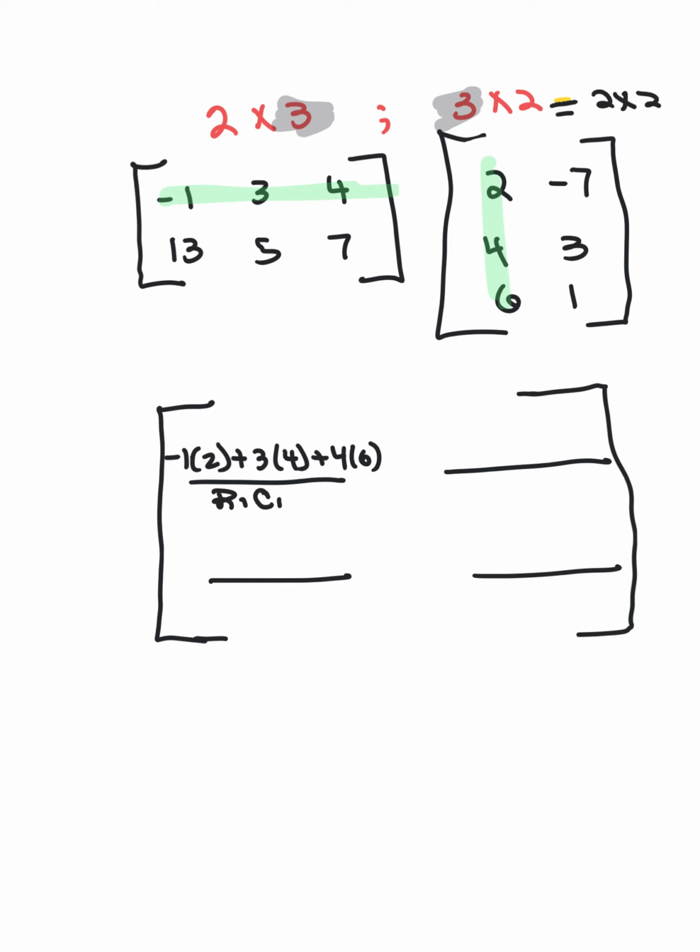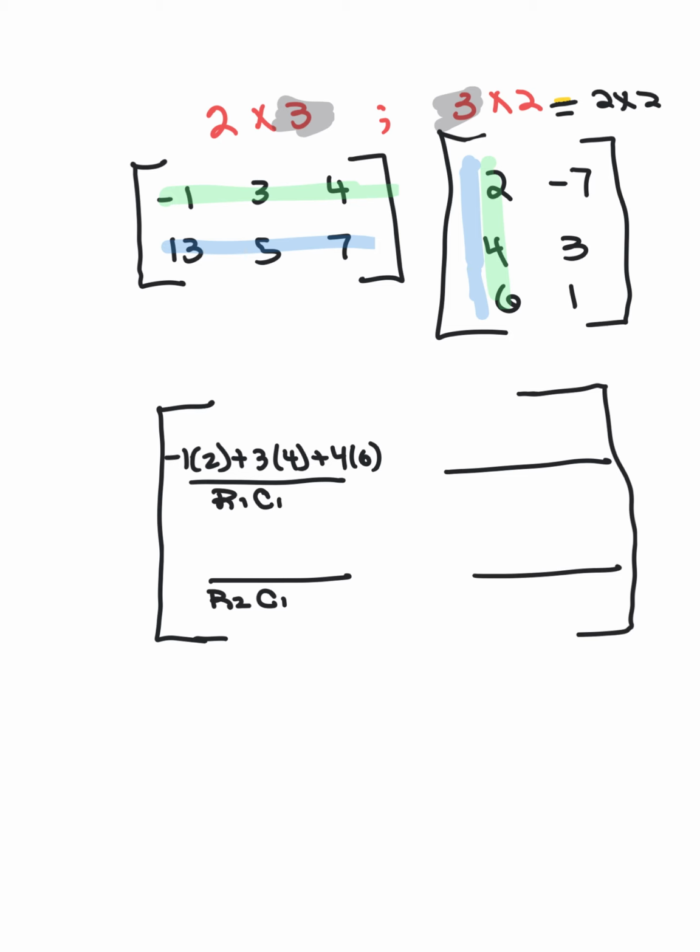All right, if I'm going to do this next entry, this is in row 2, column 1. So that tells me that I'm going to be taking row 2 and multiplying it times column 1.